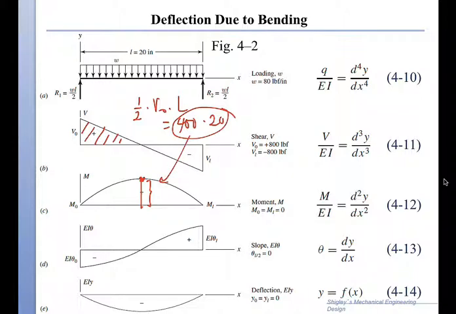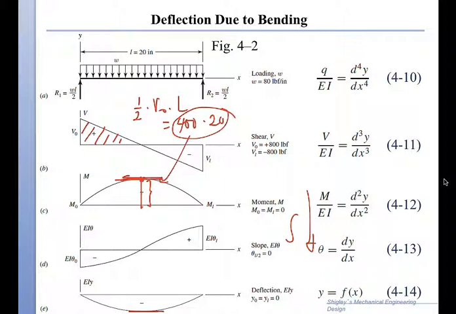Okay, so just integration. The next step is to obtain the slope diagram, and the slope diagram is one more step of integration. Again, integration here. This is the deflection curve.